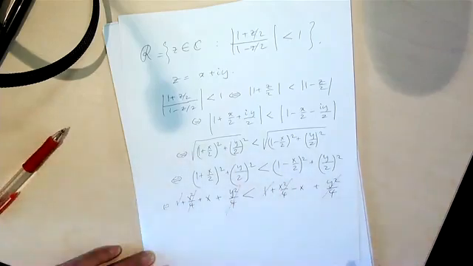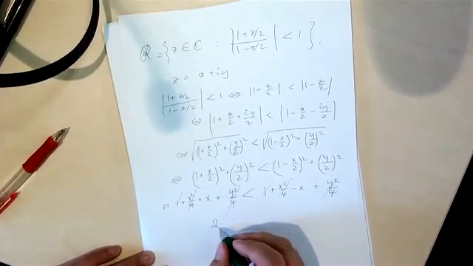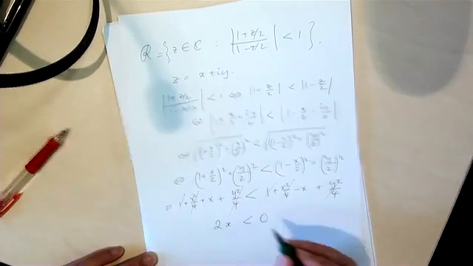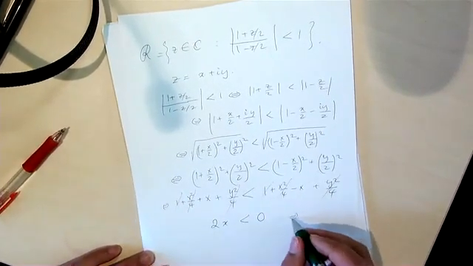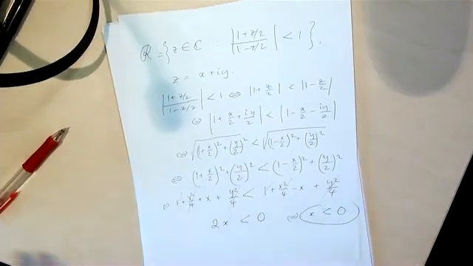So what do you have left? You just have 2x less than 0, or x less than 0. So x less than 0 is everything in the entire half plane. You see?